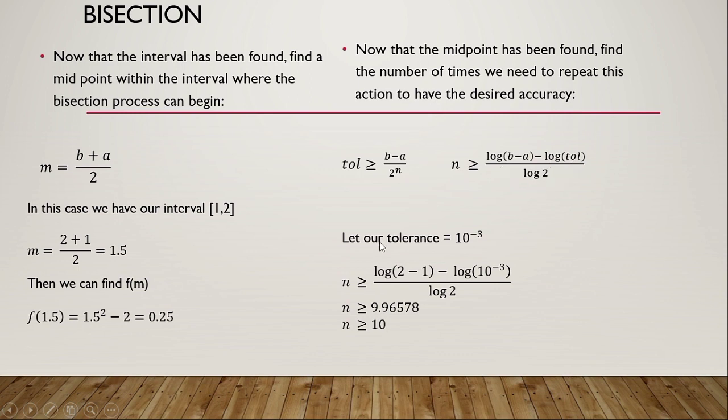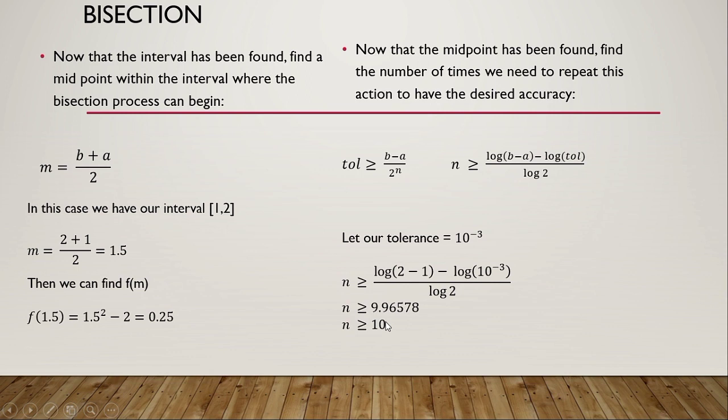So let's say our tolerance is equal to 10 to the power negative 3. If you plug in the values, using your calculator, you have n greater than or equal to 9.9657, which is approximately 10.